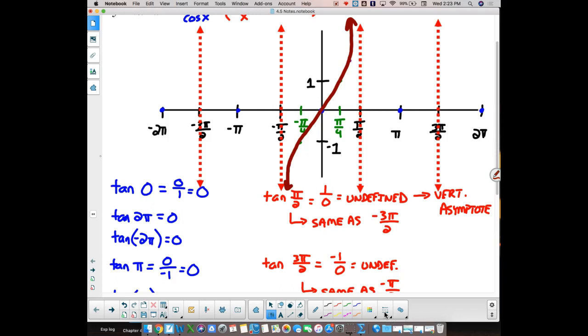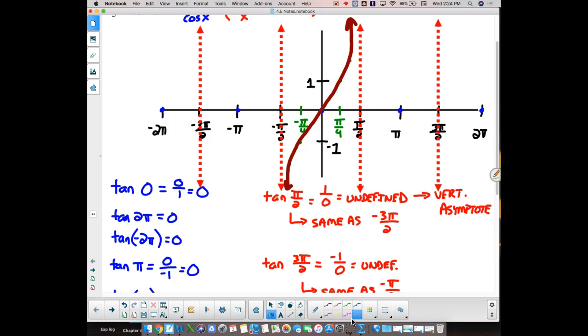Now, knowing what you know about tangent and the unit circle, okay? So if I am in quadrant number 1, the tangent values are going to be the same as what other quadrant? 3. So quadrant 1 is the same as quadrant 3.